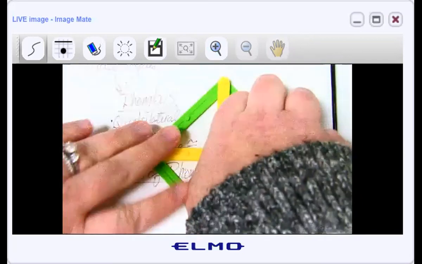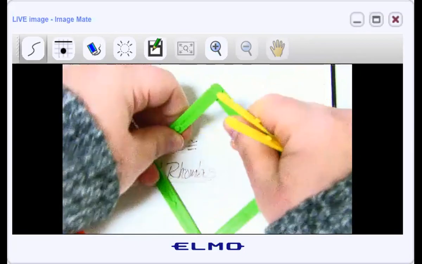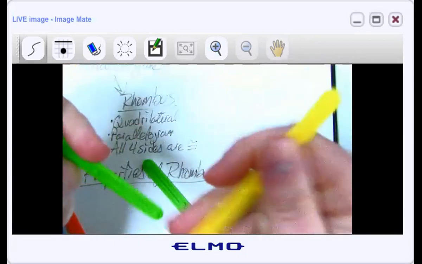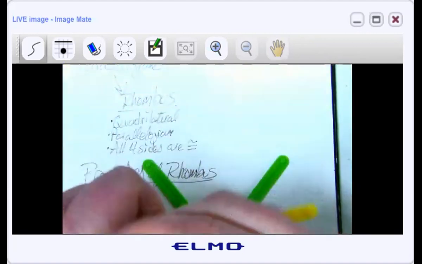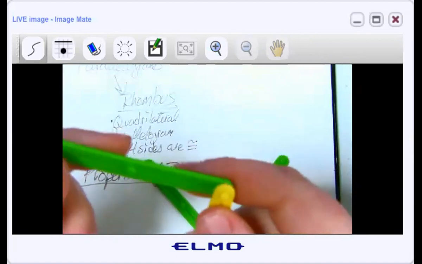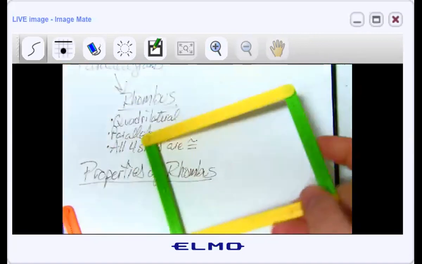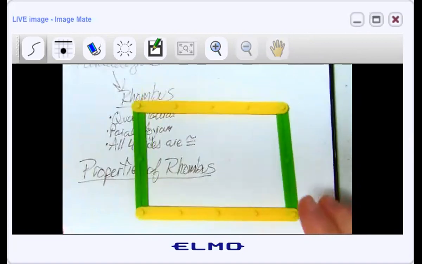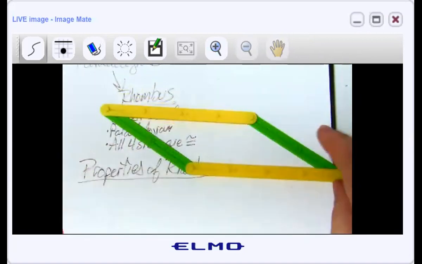Okay, let me show you real quick. If I just took any old parallelogram that was not a rhombus, give me 1 second here to make my parallelogram that's not a rhombus. Here we go. So here's 4 sides. They are not all the same, so this is just a parallelogram. Look at your diagonals.